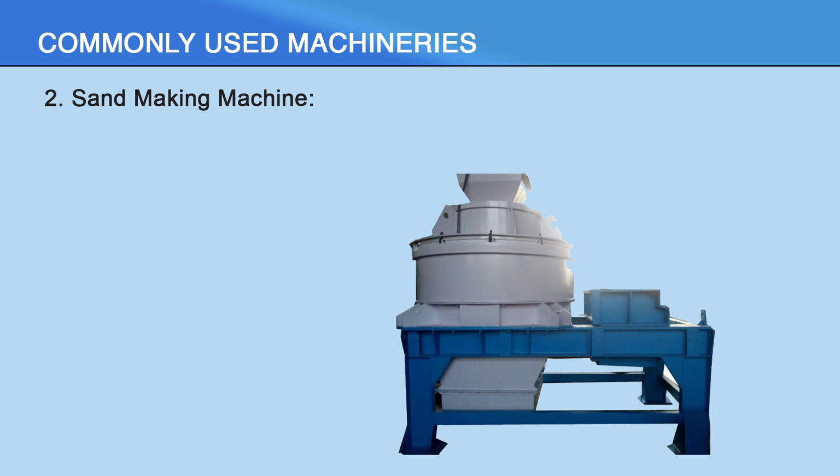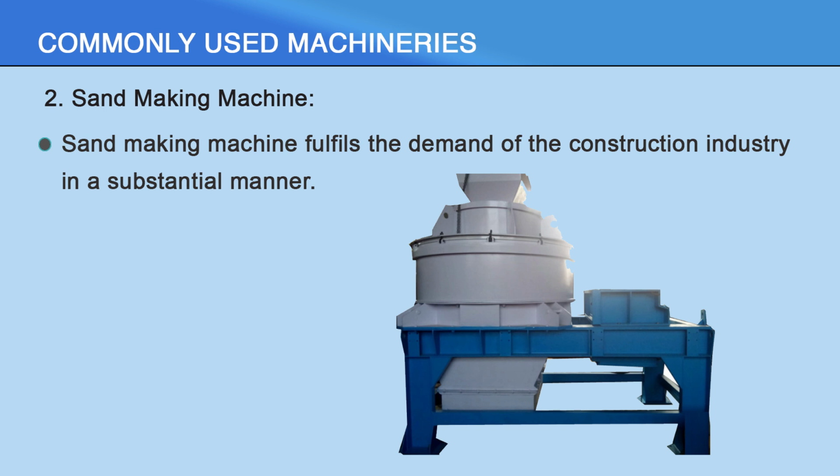Moving on to the sand making machine. Sand is an important constituent for the construction industry. River sand is generally preferred, but sand mining from the riverbed and its transportation is not at all an easy task.